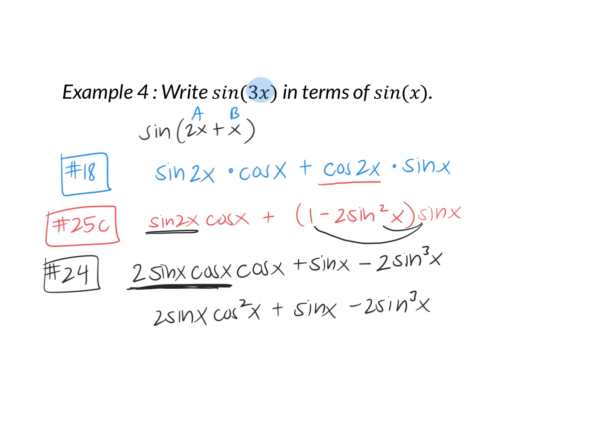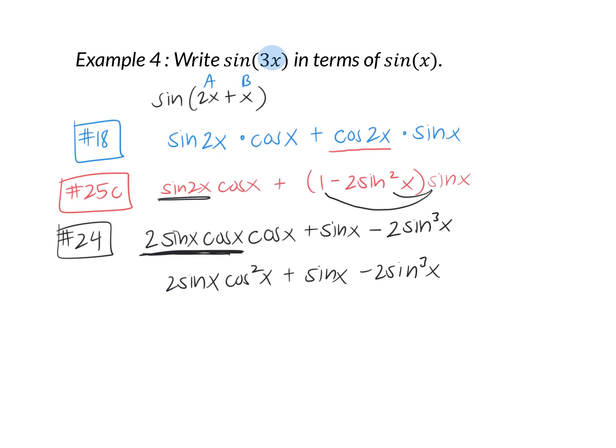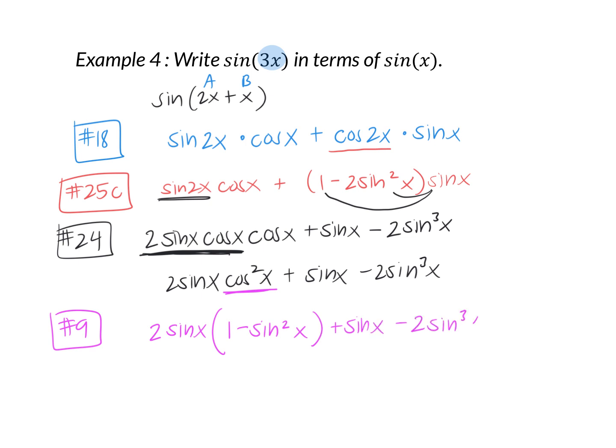What does cosine squared of x equal? 1 minus sine squared of x. So using number 9, I can replace this cosine squared with 1 minus sine squared. Wild. And now everything is in terms of sine.